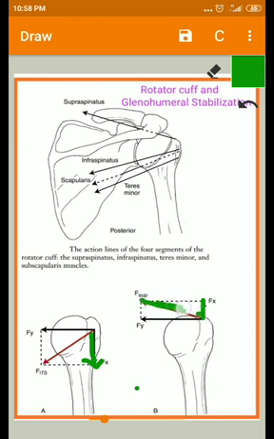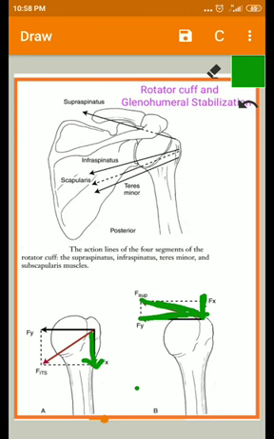If we resolve the forces, this is the perpendicular component and this is the parallel component. This has a superior translatory component rather than the inferior component found in other muscles of the rotator cuff.